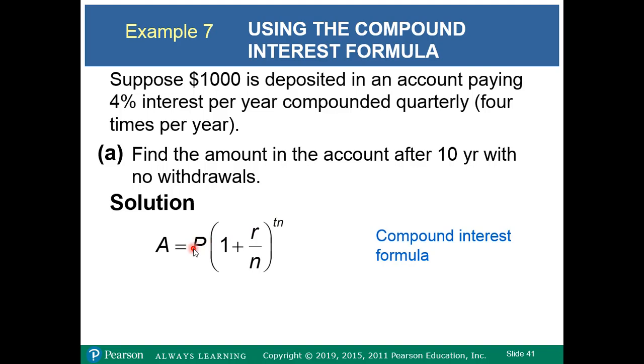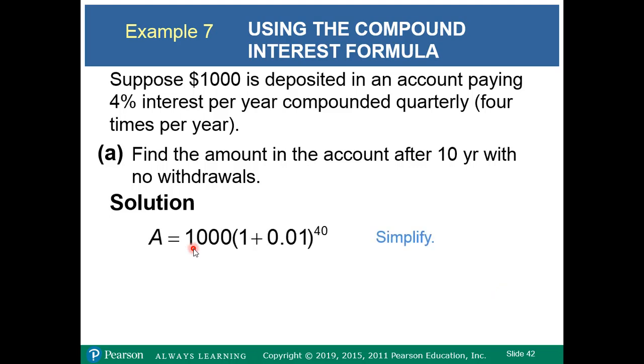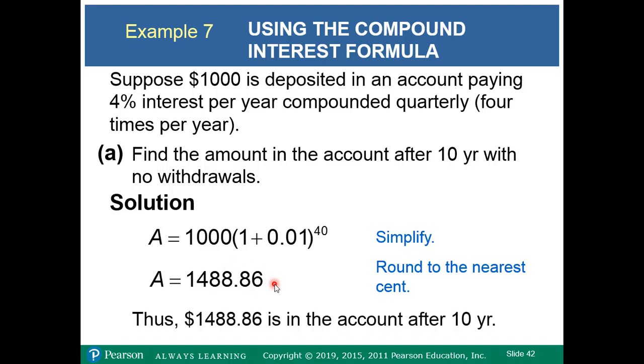And so all we have to do is plug and chug, right? And so when we put this in our calculator, we end up getting $1,488.86 rounded to the nearest penny. And so that is the amount that we will have in our account.